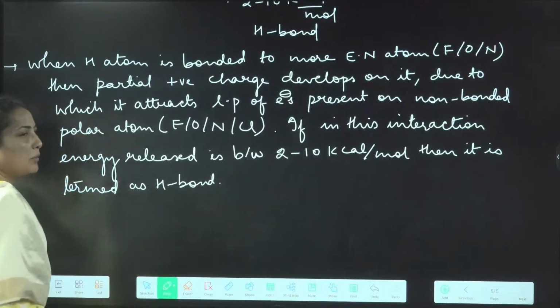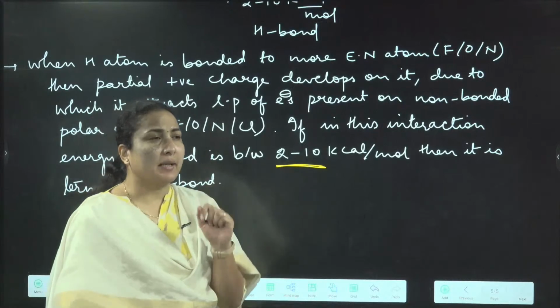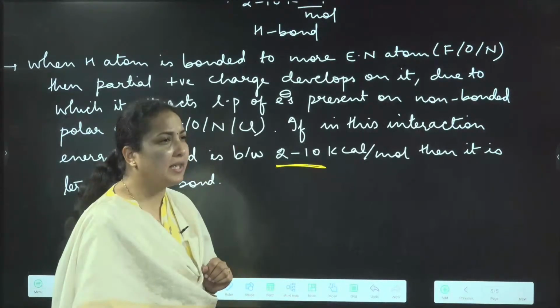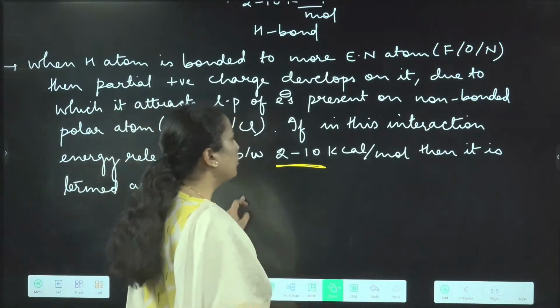Now you must understand one thing, this is in general, on an average this much amount of energy is released. Sometimes if very strong hydrogen bonding is happening, this value might also be crossed. Okay, we'll see one example of that, don't worry about it.